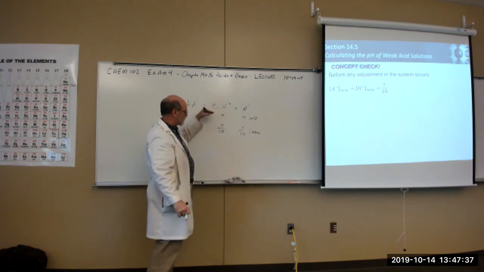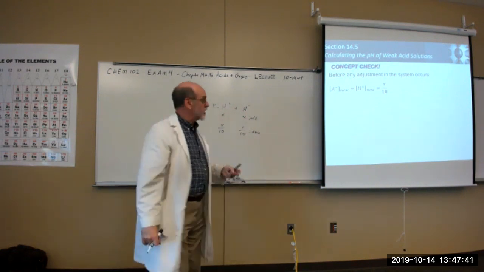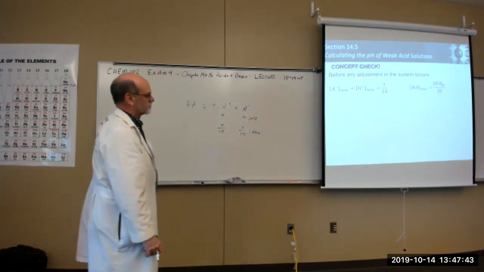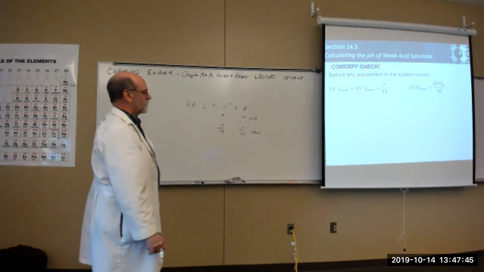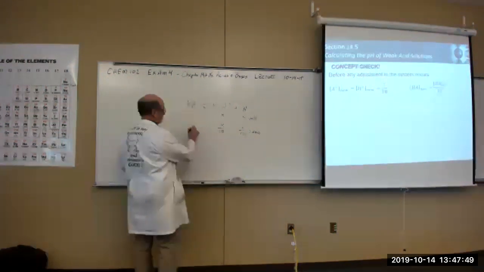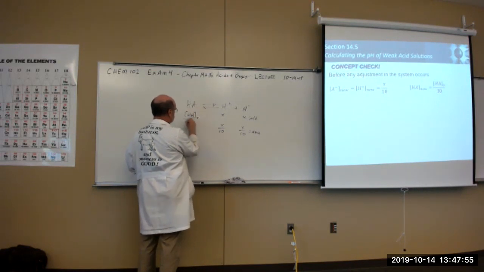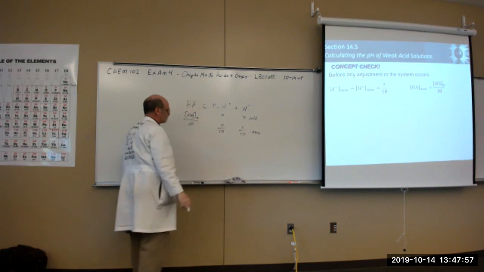This is the disturbance that we've given it. We've gone from there to there. Now, which way is it going to shift? Right? So the concentration of this will also be a 10. Right? So it's going to be an original divided by 10.